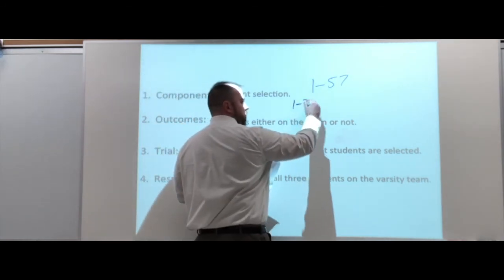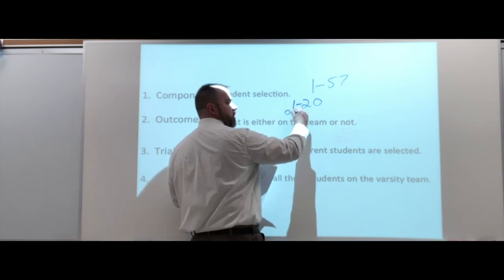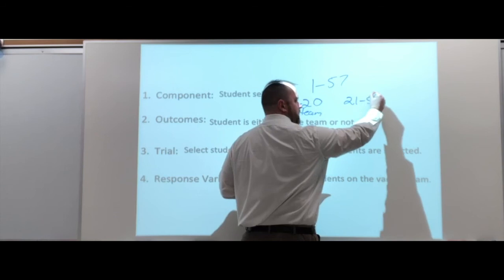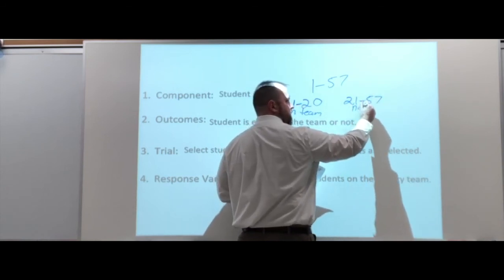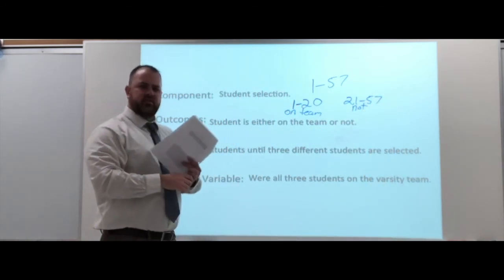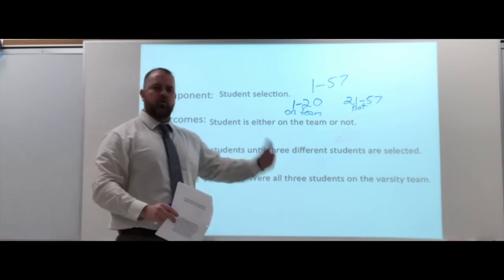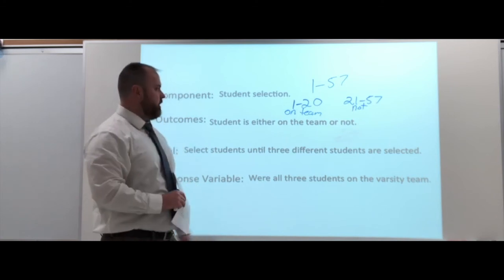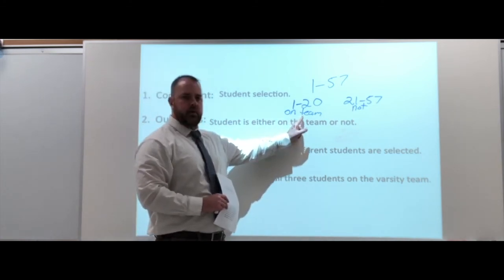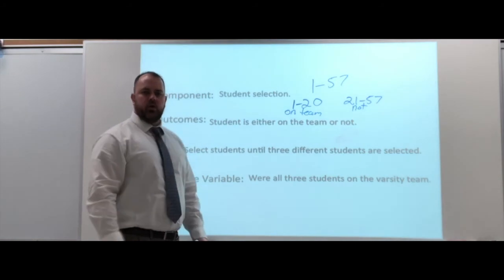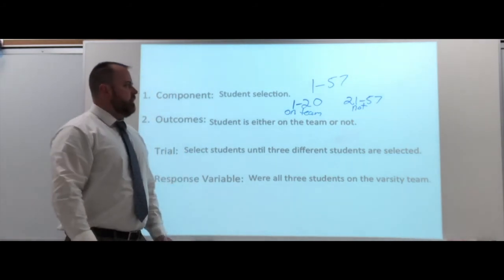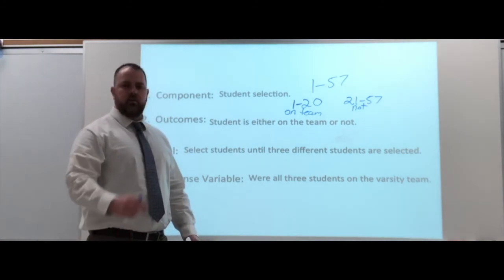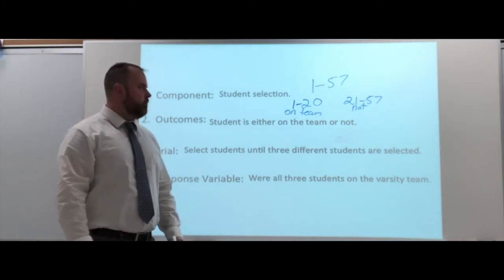So 1 to 20 are on the team, and that leaves 21 to 57 not on the team. So there's the numbers that we're going to end up using when we start running our simulation. Start calling up numbers. And if all 3 numbers are between 1 and 20, then yes, all 3 were on the sports team. If any of the numbers are not, that means no. As long as one person's not on the sports team, we're going to write it down as no, not all 3 are on the sports team.